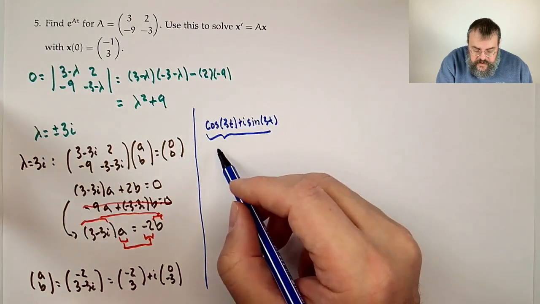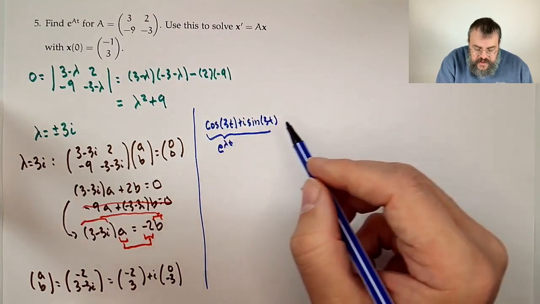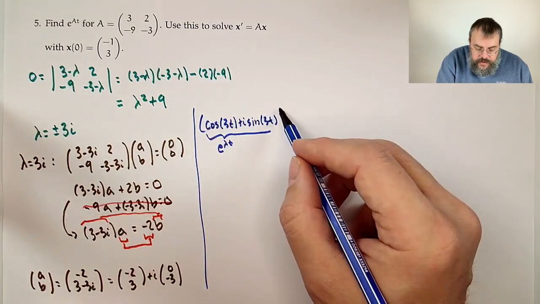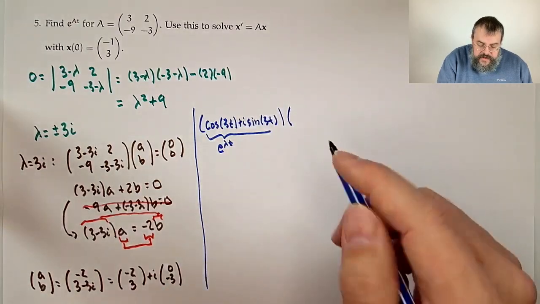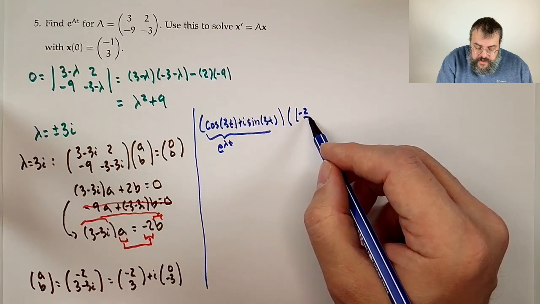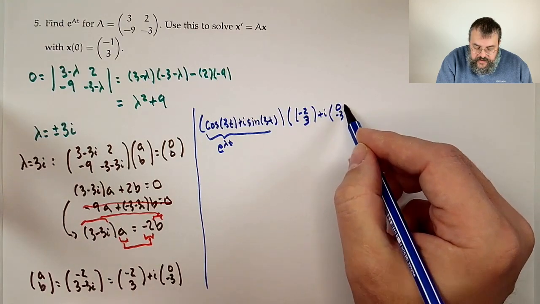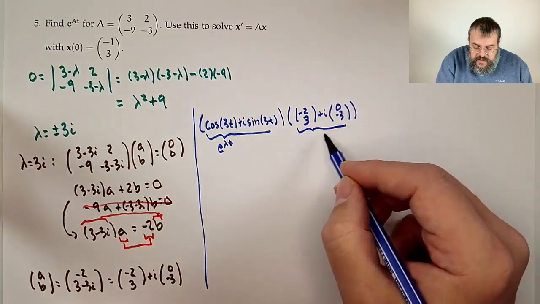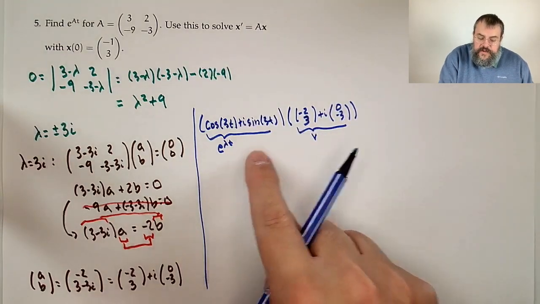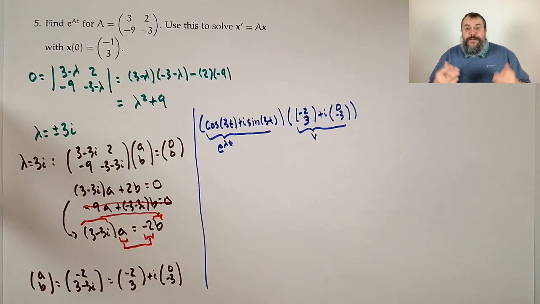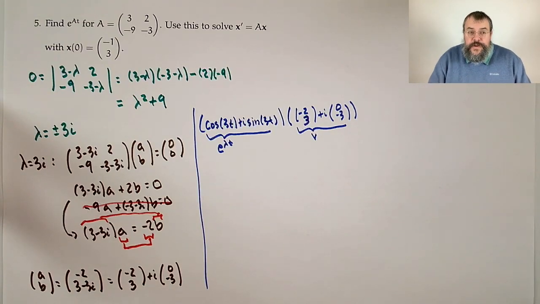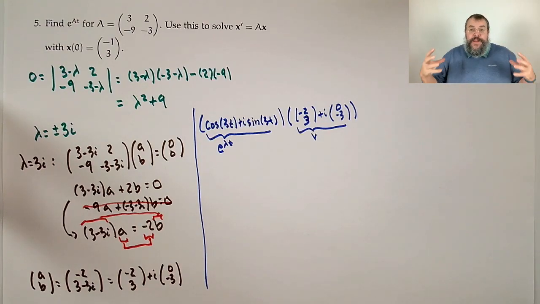So again, this is our e to the lambda t, and now we're going to multiply that by our vector, which we've pulled apart, negative 2, 3, plus i times 0, negative 3. And again, here's our vector. So it's e to the lambda t times v. In other words, it's the same thing we do whenever we're faced with something like this. All right. So now you multiply it out.